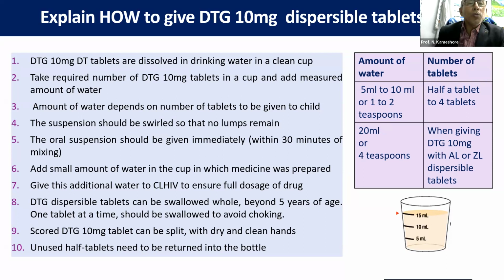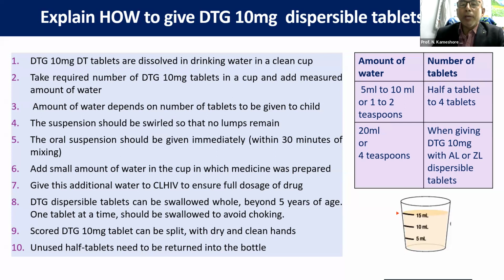Then we have to take the required number of DTG 10 milligram tablets in a cup and add a measured amount of water. For example, if we have to take half a tablet up to 4 tablets, we can use 5 to 10 ml. That is 1 to 2 teaspoonfuls. 1 teaspoonful is equal to 5 ml.